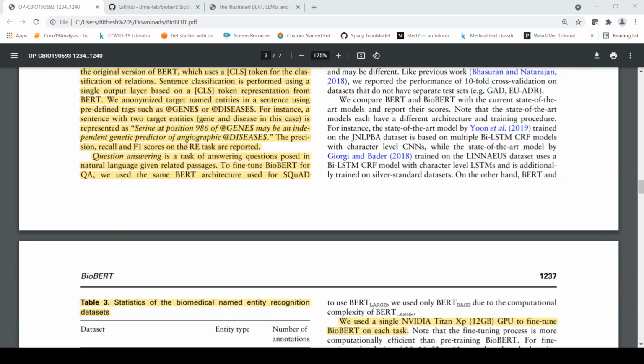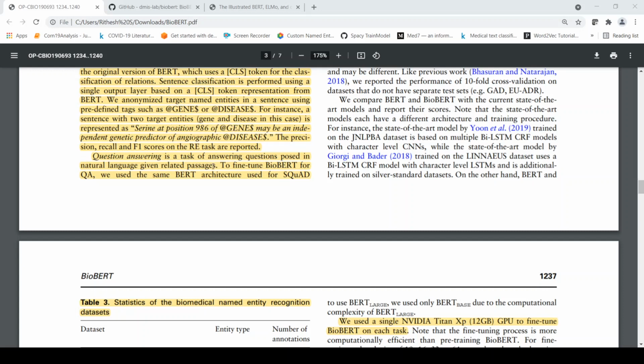For every sentence where a relation was present, they replaced the gene or disease by standard predefined tags. For example, in this text, they have replaced the gene here by @GENE$ or @DISEASE$. So the whole idea is, you have a lot of sentences and you want to classify whether there is a relation present in the sentence. So this is the relation which is present, a relation between some gene and a disease.